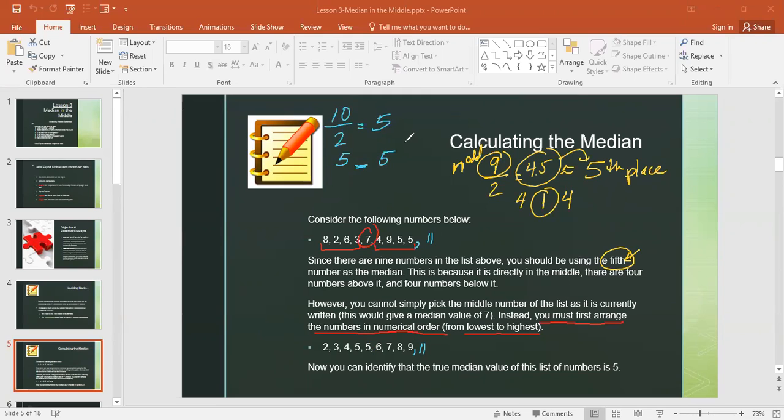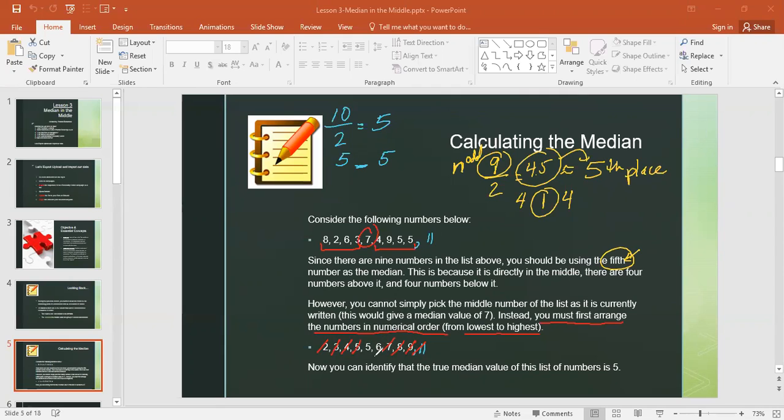Okay, visually, what does that look like? Watch. If I do my cross out method here, watch what happens. Cross, cross. So that's 1, 1, 2, 2, 3, 3, 4, 4. If I were to cross out 5 and 5, I would have nothing left in the middle.